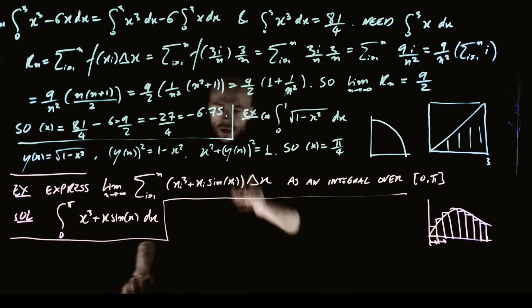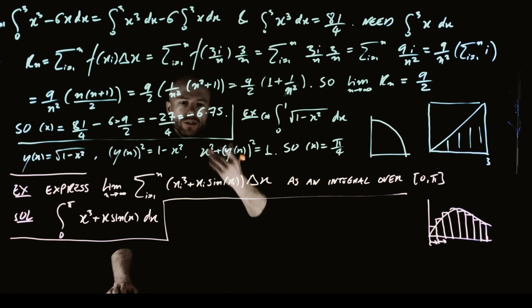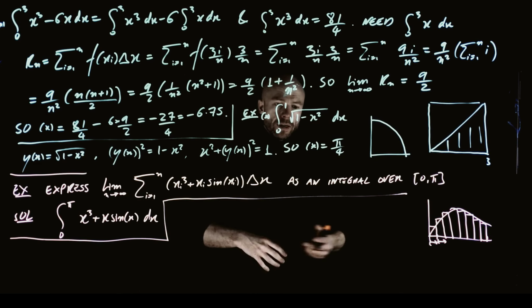All right, we're also going to have to learn some basic properties beyond the ones I already talked about for integrals. So one of the key ones is the following.